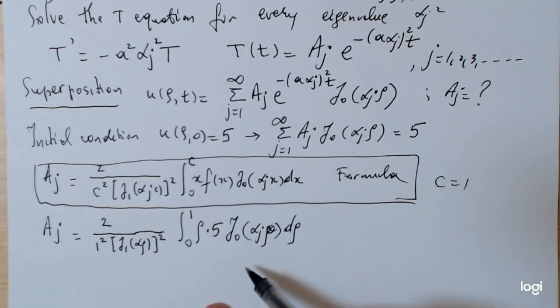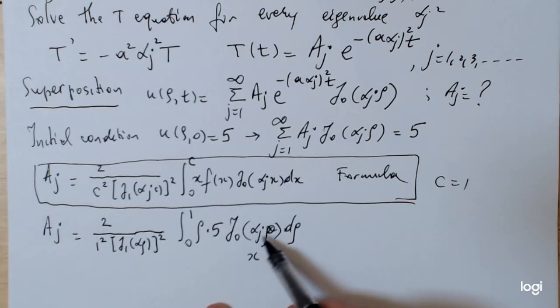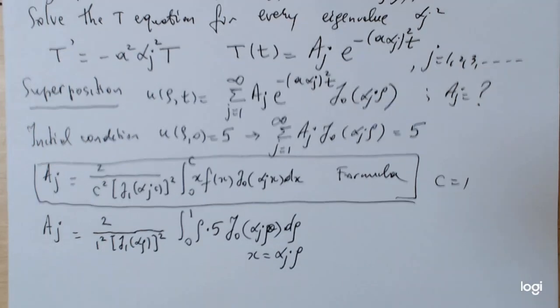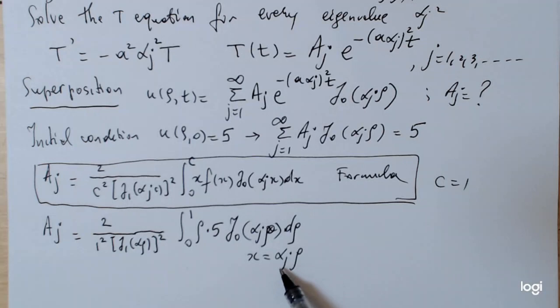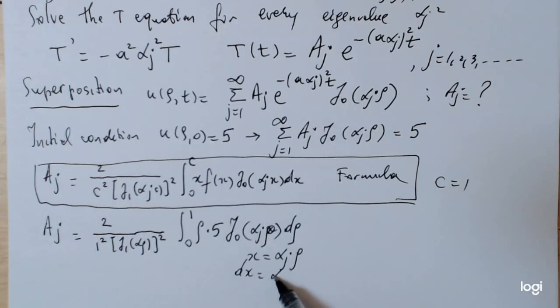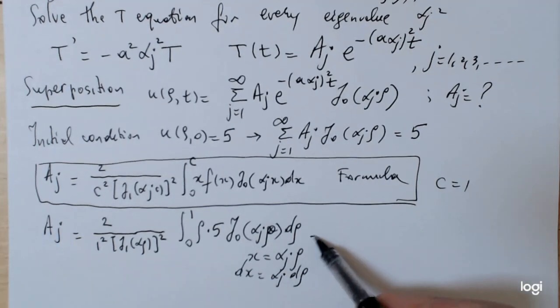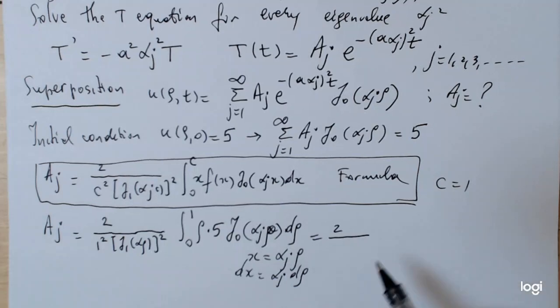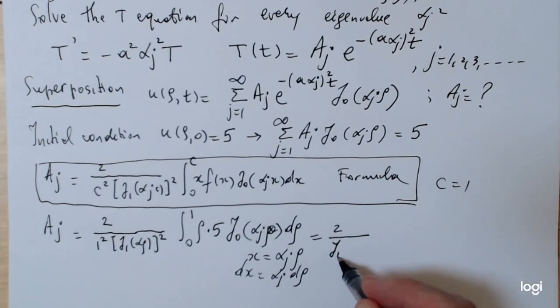So do this step pretty much all the time: replace the inside of the Bessel function by a new variable. You can use x, y, whatever notation you want. So make a little change of variable, like x is alpha j rho. Remember, alpha j is a known constant essentially, and rho is the variable. That means dx is equal to alpha j d rho. So it's just a u substitution. This is going to be 2 over J1 alpha j squared.